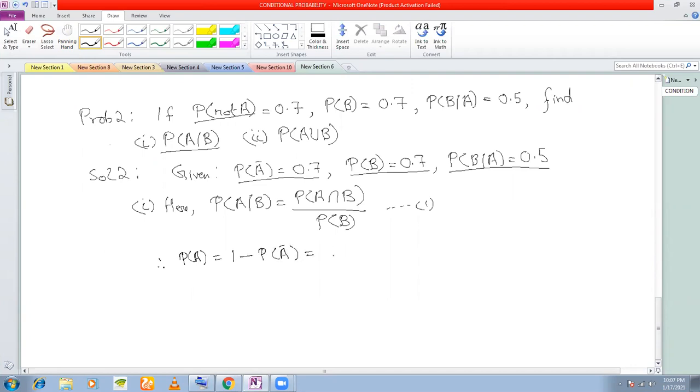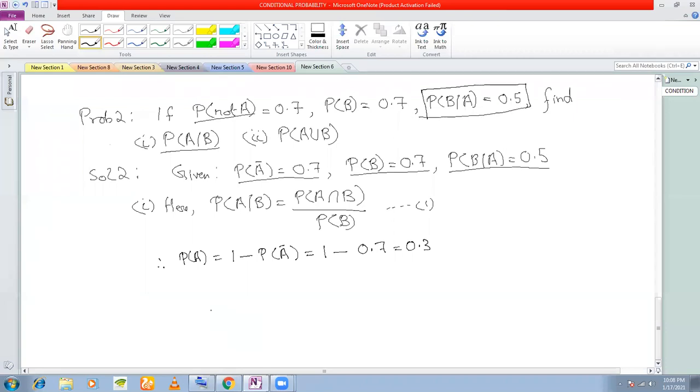So you have managed to find out P(A) here. 1 minus P(A bar) is 1 minus 0.7, which is 0.3. That is your P(A). Now you see that you know P(A) and you know P(B) also. So is it possible to find out P(A intersection B)? Yes, because P(B|A) is given to you, right?